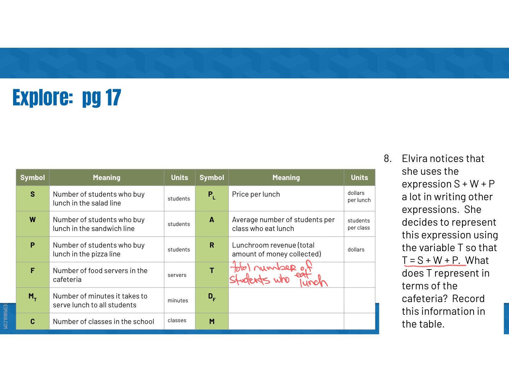What would be the unit? The variable is T, so the unit is students, right? If it's the total number of students, we're looking at students. Awesome.